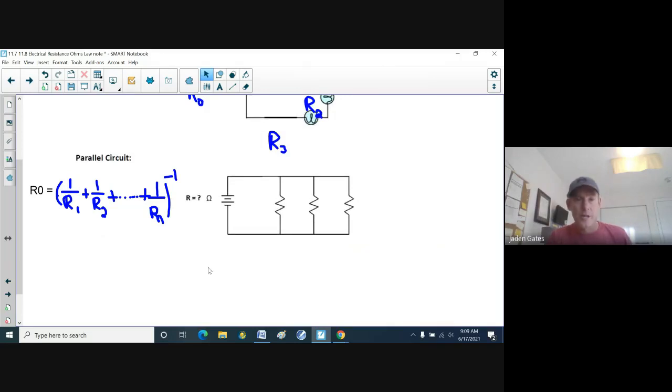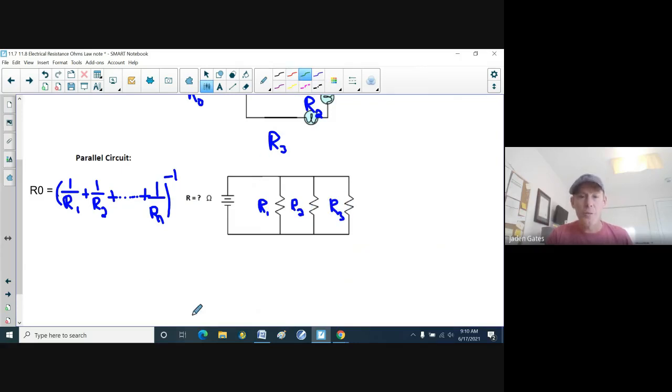Now, in this circuit, again, it's a parallel circuit where your charges have options on which resistor, or each load, they're going to go down. And so I have, again, 3 of them, R1, R2, and R3.